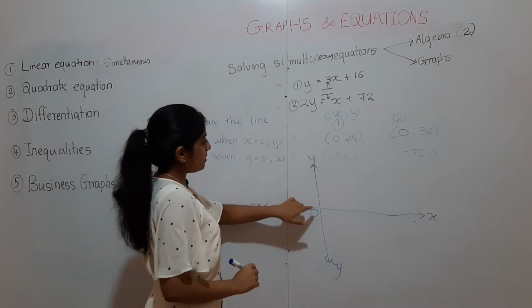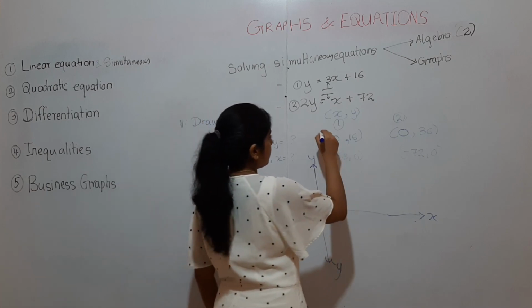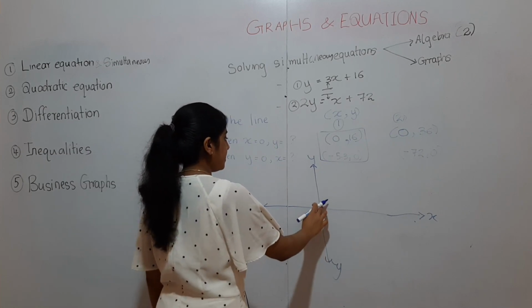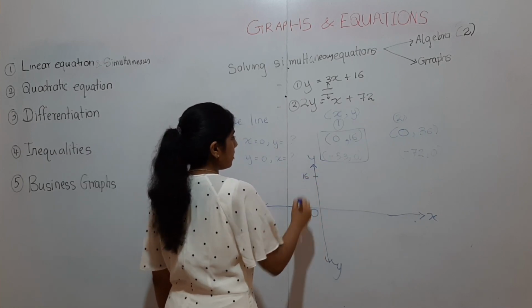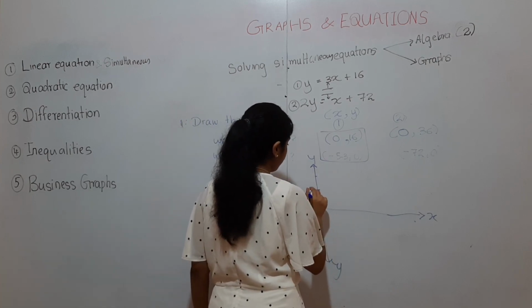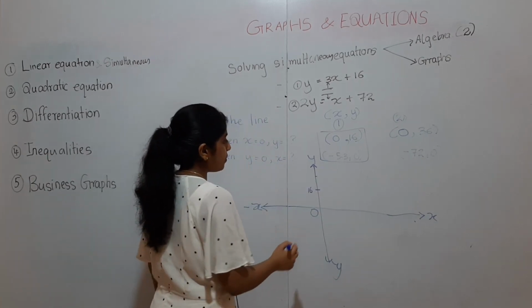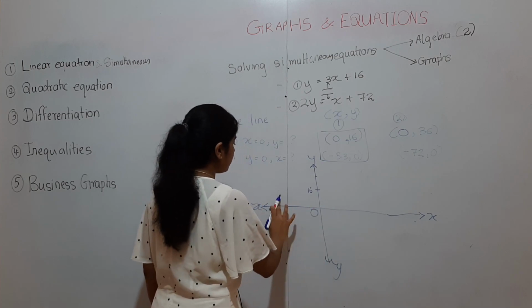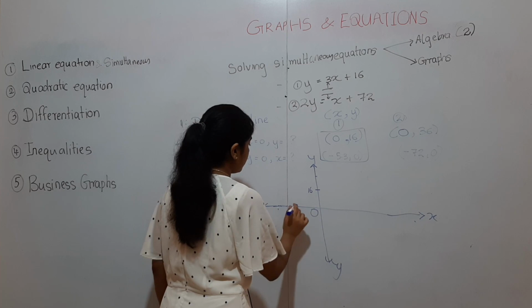Now, when x equals 0, let's look at the first equation coordinates. When x equals 0, y is 16. Let's mark 16 somewhere below. Okay. And when y equals 0, x is minus 5.3. Let's mark it here.